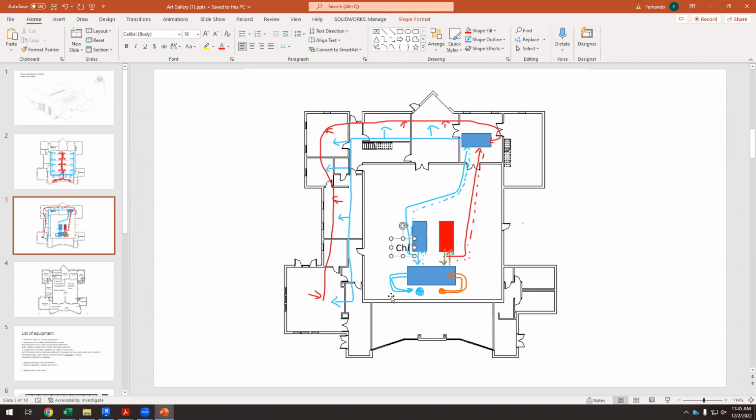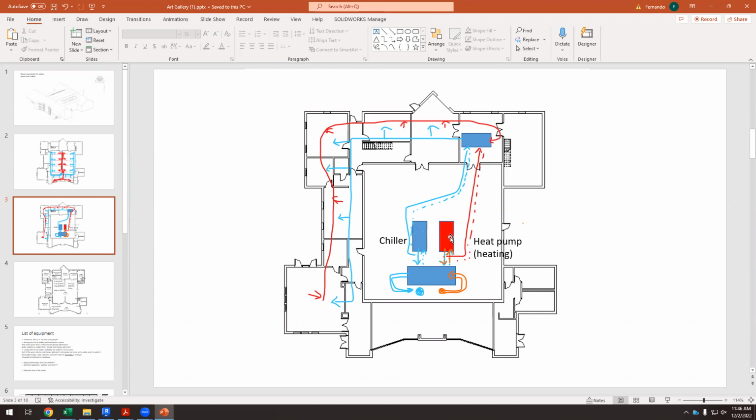This is a chiller. And this is a heat pump, but only for heating. Okay. This is an option. I have two different heat pumps. One working only in cooling, the other one working only for heating.